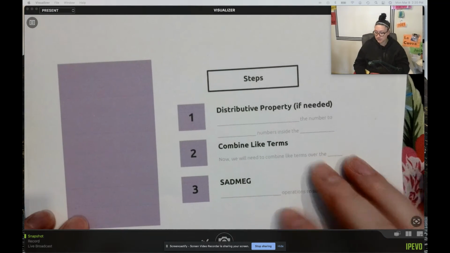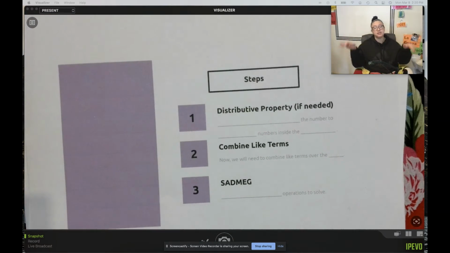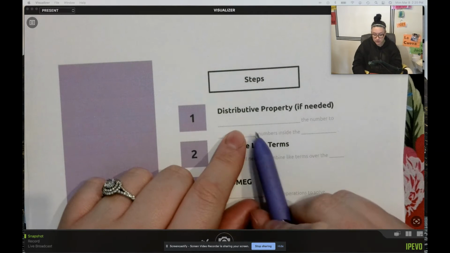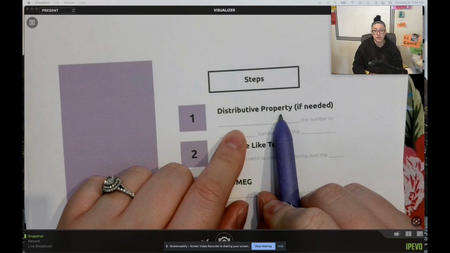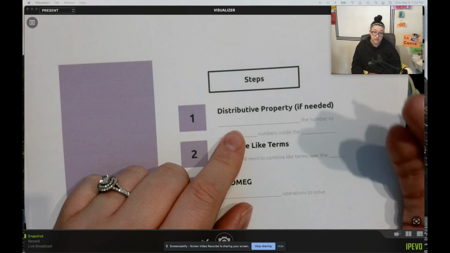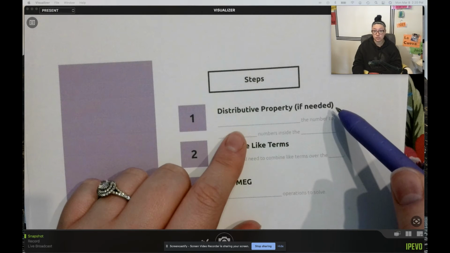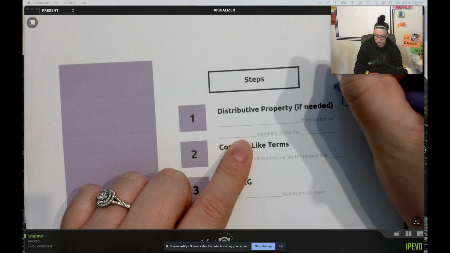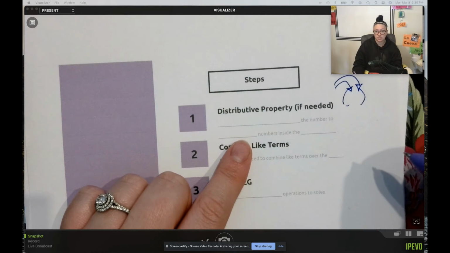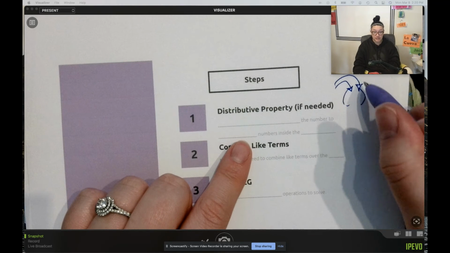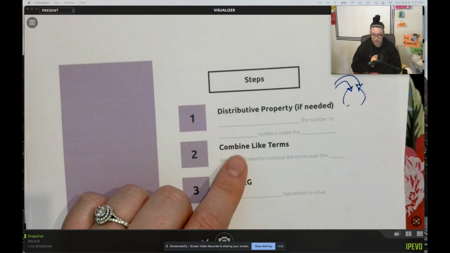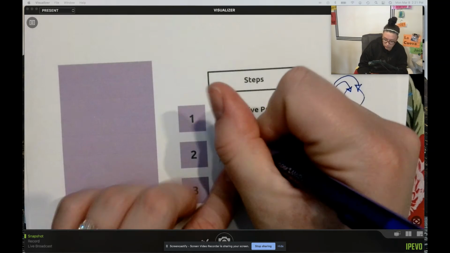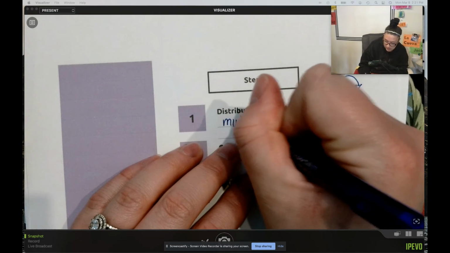Again, with these steps, we're going to have to first simplify each side. When we simplify each side, we have to do the distributive property first. There might not be the distributive property, and that's okay. But if you see those parentheses and you need to do that multiplication with that number on the outside times everything inside the parentheses, that's going to go first.